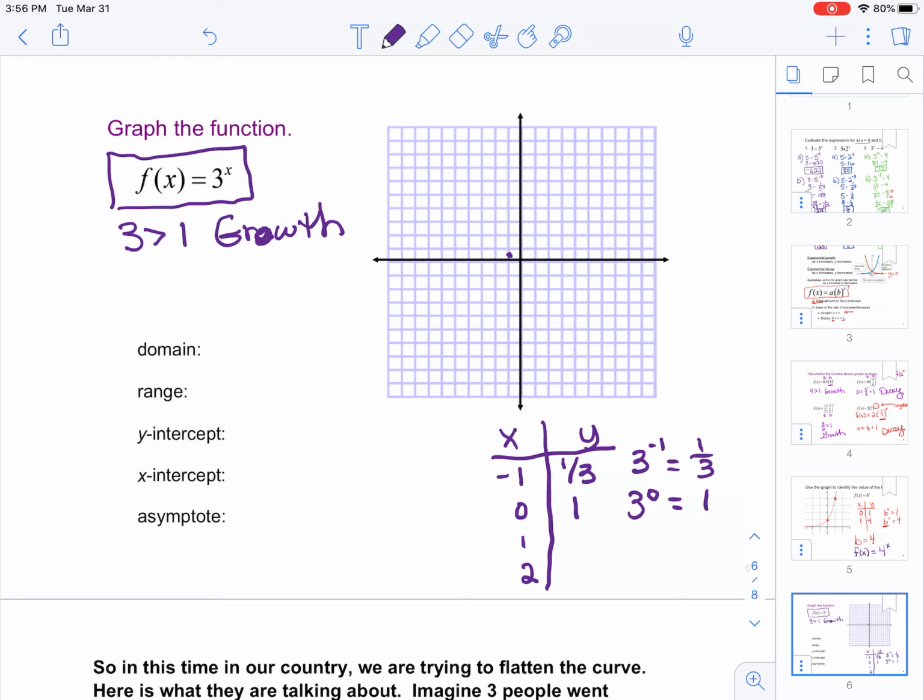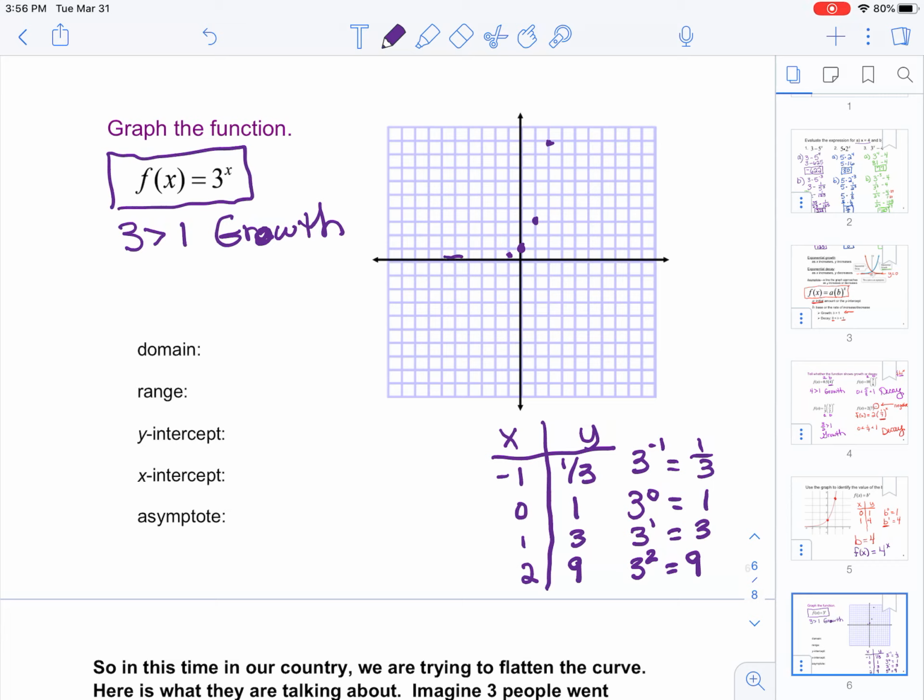So my next point is going to be 0, 1. Next I have 3 to the first power gives me 3. So my third point is going to be 1, 3. And then last but not least, 3 to the second is 9. So my fourth point is 2, 9.